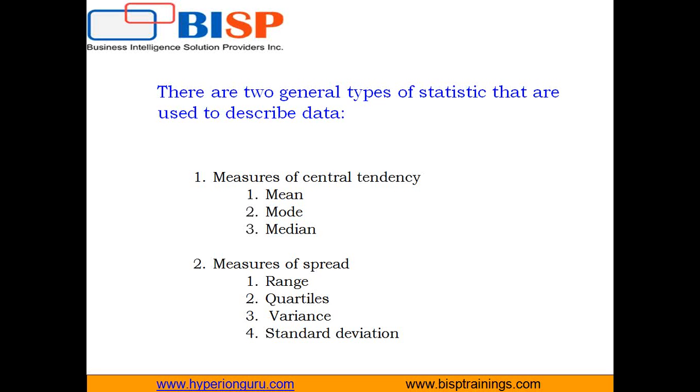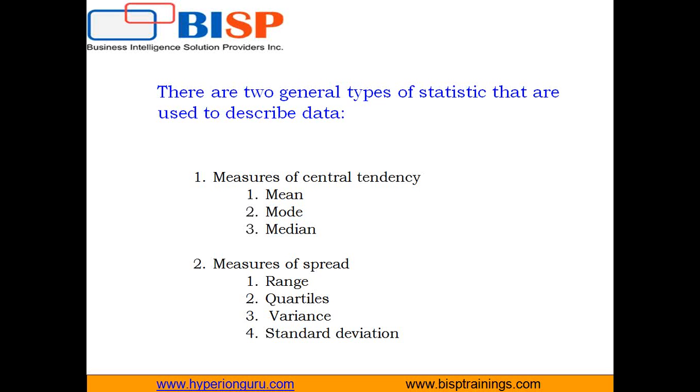A measure of central tendency is a single value that attempts to describe a set of data by identifying the central position within the set of data. And here come the three functions of Excel: mean, mode, and median. And another category is measures of spread. These are the ways of summarizing a group of data by describing how spread out the scores are.